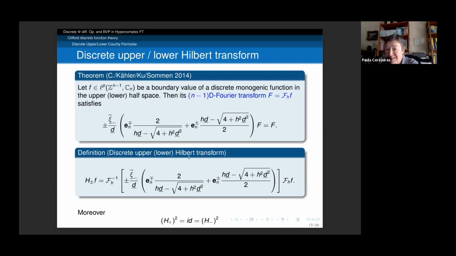So the Hilbert transform, you need to pull back this nice symbol and you obtain the upper and lower discrete Hilbert transform.